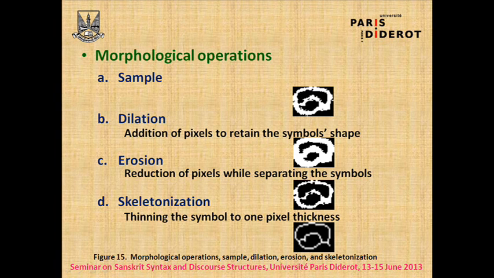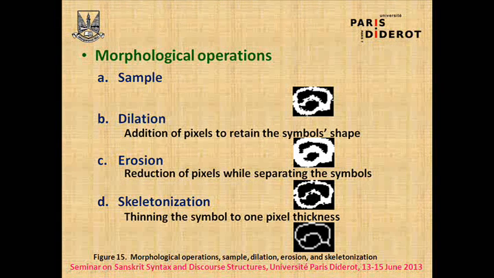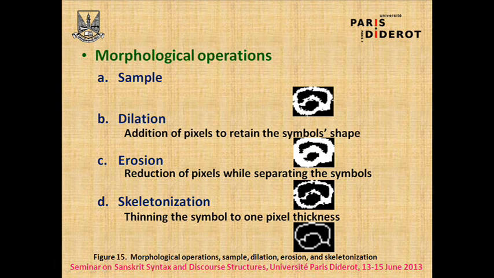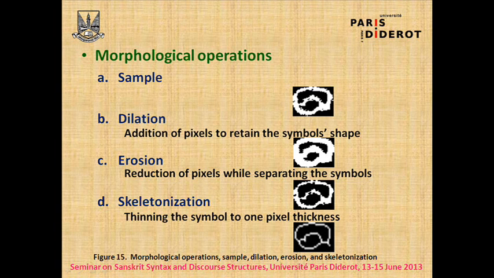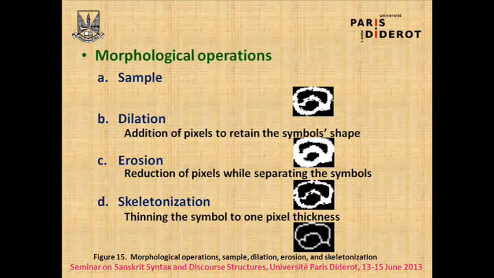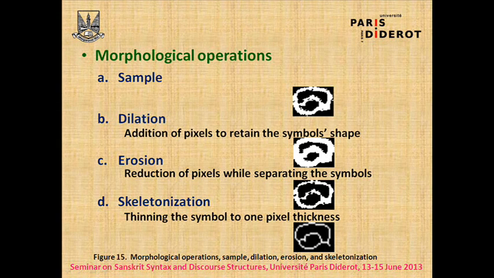Skeletonization is the extraction of the essential shape of the symbol by drawing them with one pixel width. Skeletonization improves efficiency and effectiveness of the algorithm. Figure 11 demonstrates the effect of dilation, erosion and skeletonization on a sample image.